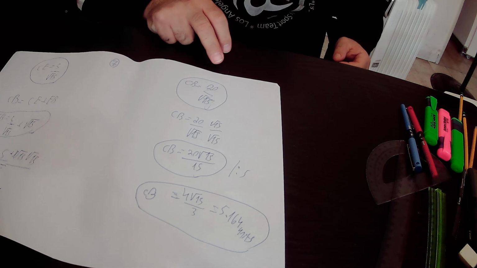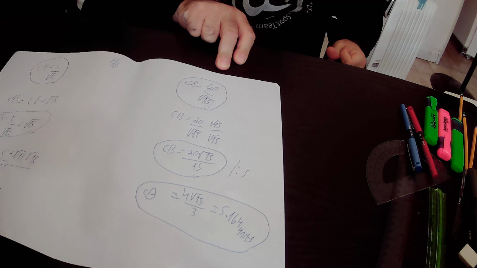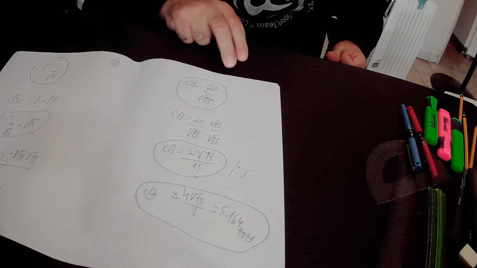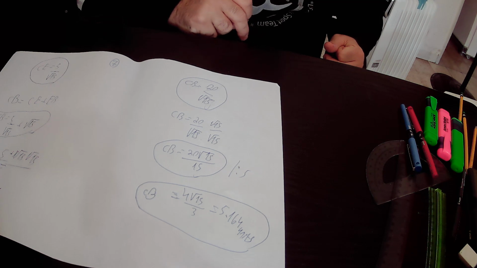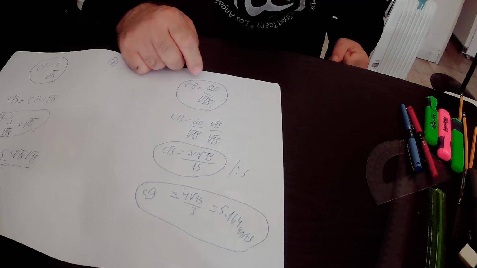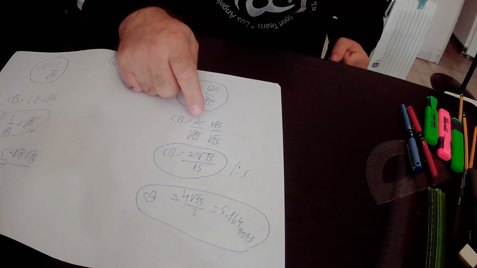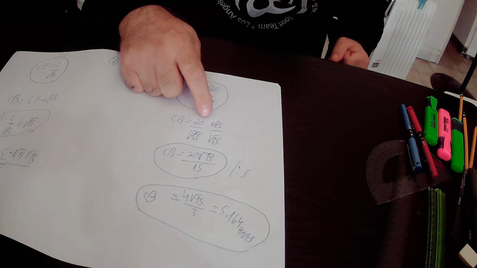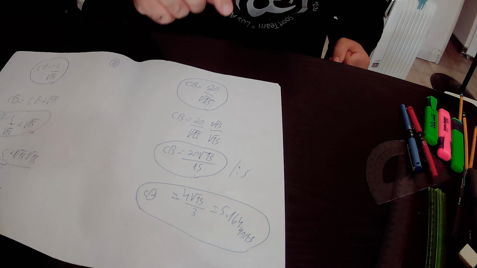Here we don't want the square root in the denominator, so we multiply by square root of 15 and then divide by square root of 15, so we change nothing because we multiplied by 1.